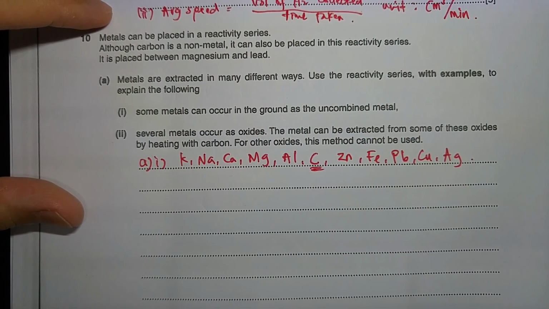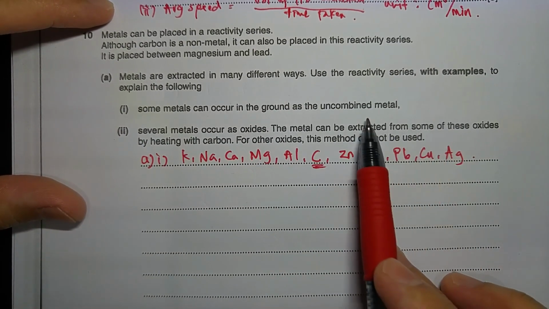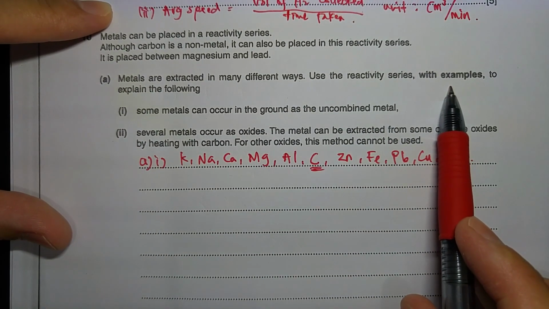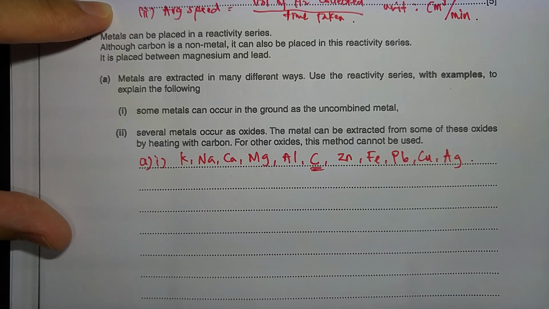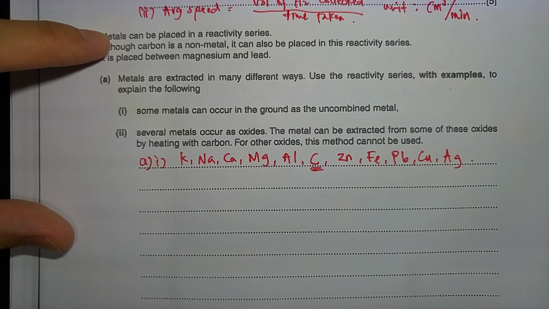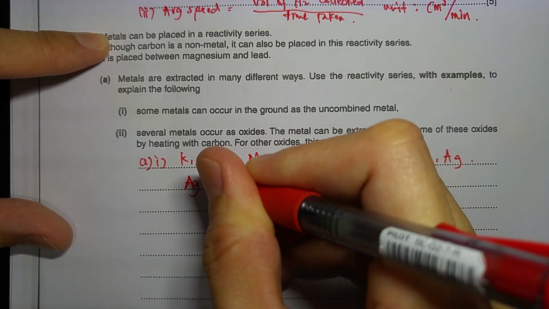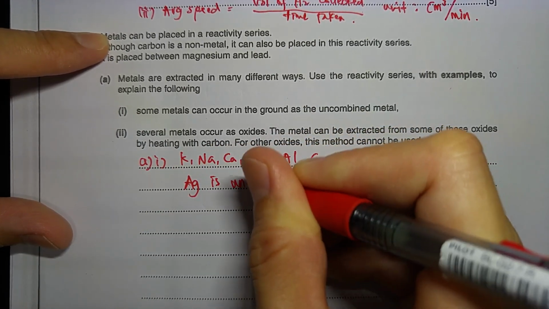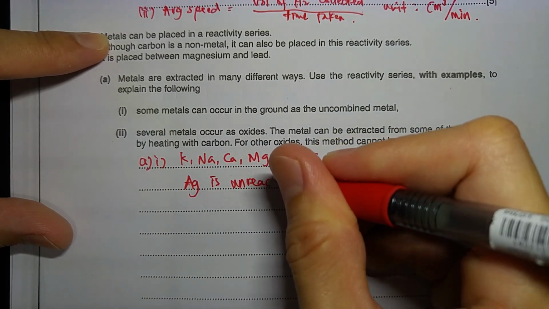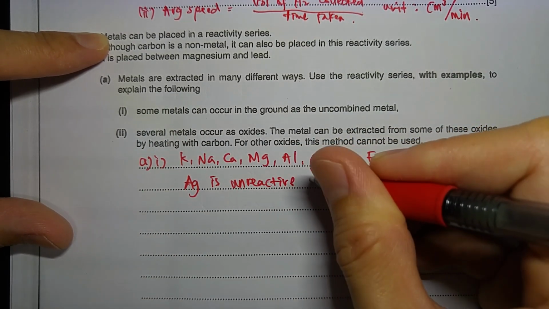Some metals can occur in the ground as an uncombined metal. You have to give examples. So, which one can occur in the ground as an uncombined metal? That means it doesn't form a compound. That means it is super unreactive, which is Ag. So Ag here is unreactive.